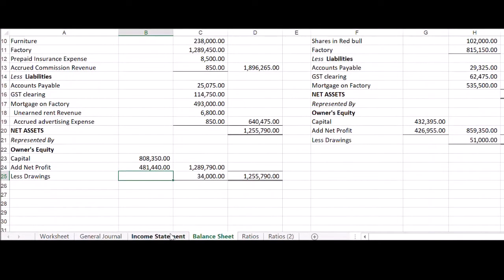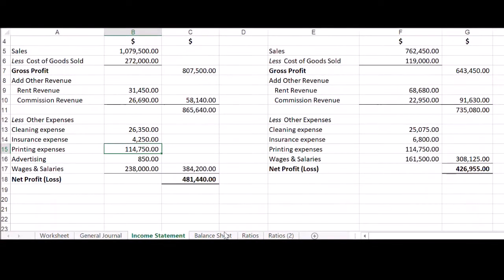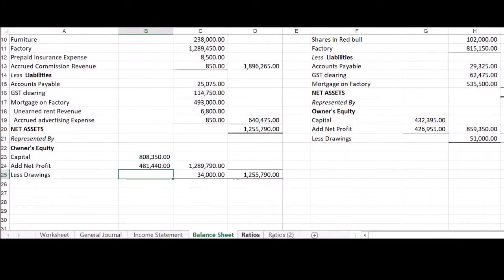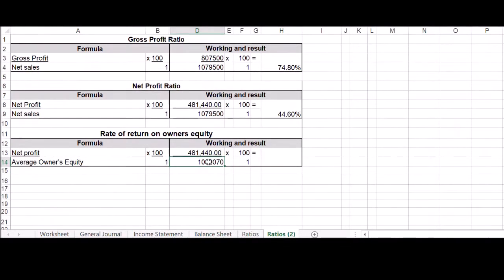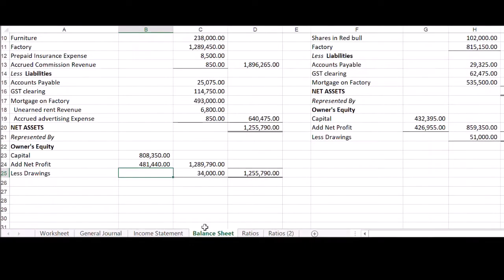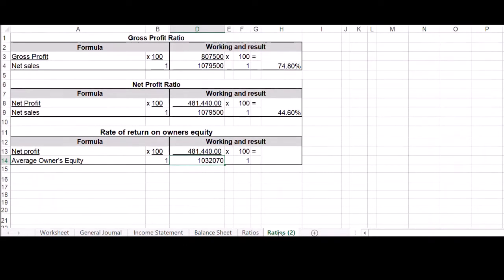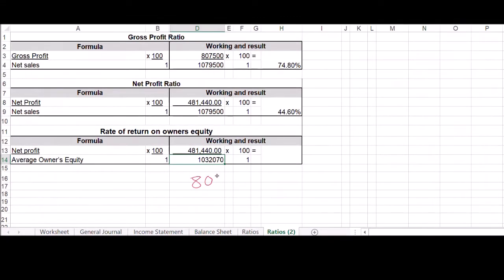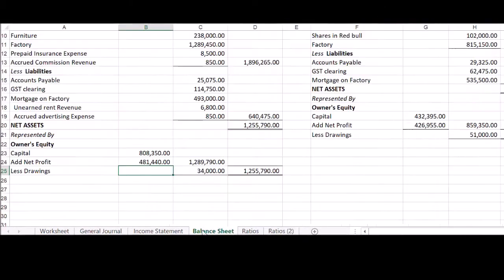So I'll write this formula on the screen. Our average owner's equity is the opening, which is 808,350.